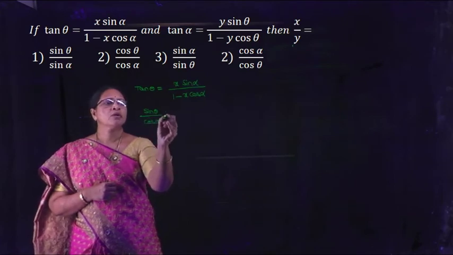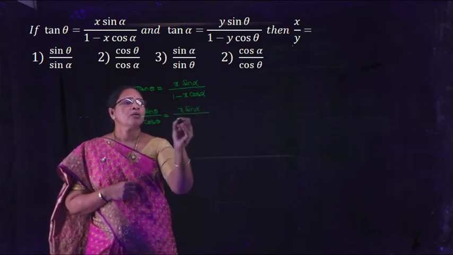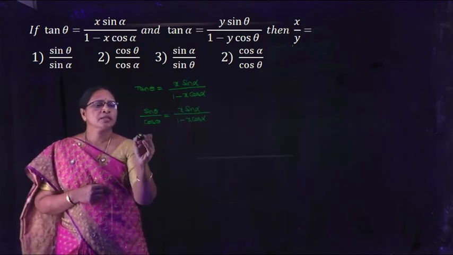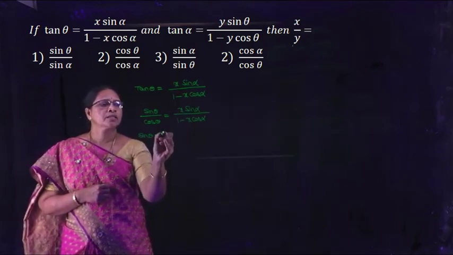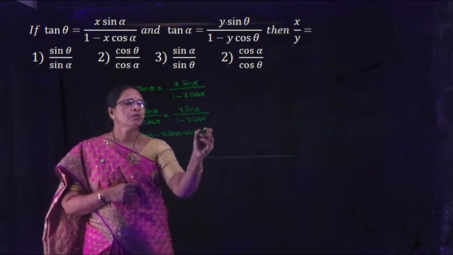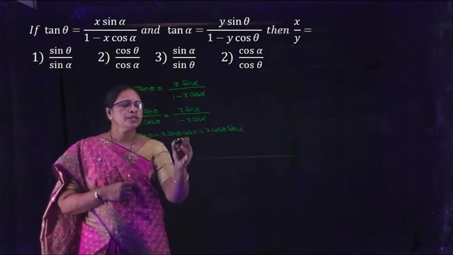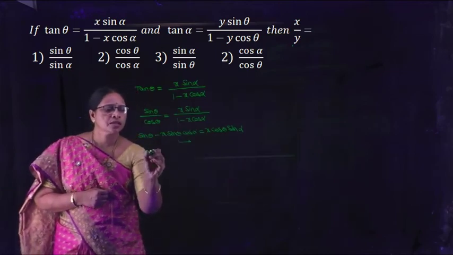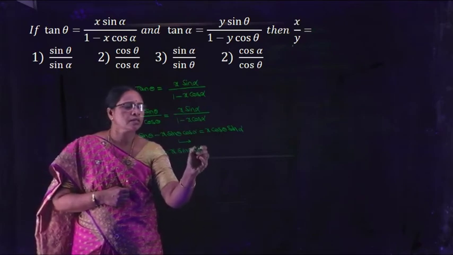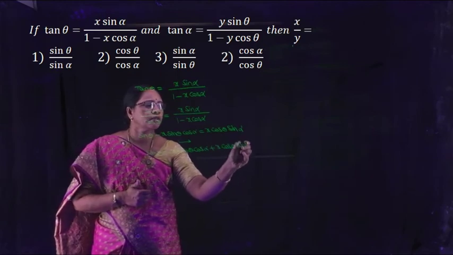Sin theta by cos theta is equal to x into sin alpha by 1 minus x cos alpha. By cross multiplying we get sin theta minus x sin theta cos alpha is equal to x cos theta sin alpha. Move it to the right hand side, we get sin theta is equal to x sin theta cos alpha plus x cos theta sin alpha.